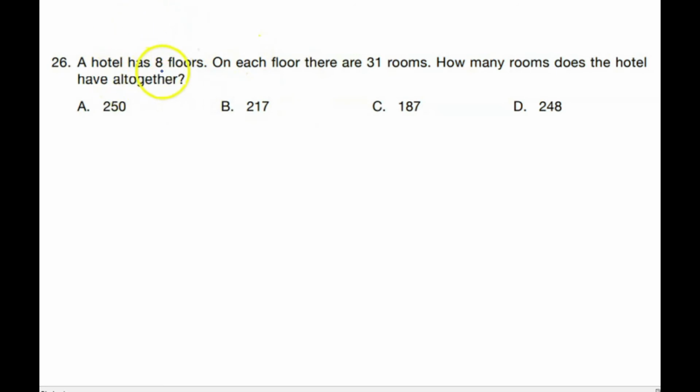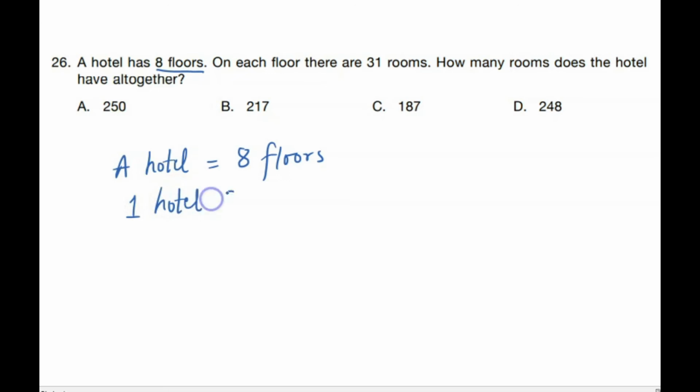A hotel has 8 floors. A hotel is equal to 8 floors. Can we write one hotel? A hotel means one hotel. One hotel is equal to 8 floors. On each floor, there are 31 rooms.